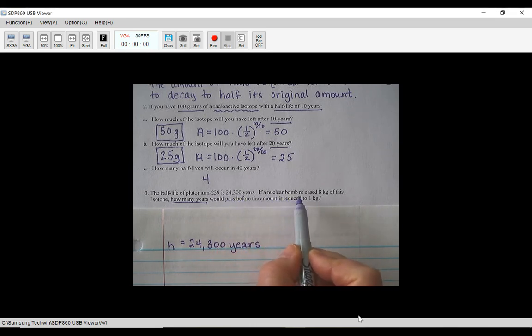Now, the nuclear bomb originally released, so the original amount, A sub 0, is 8 kilograms. And we want to know how many years, so how much time it takes before the amount is reduced to 1 kilogram.